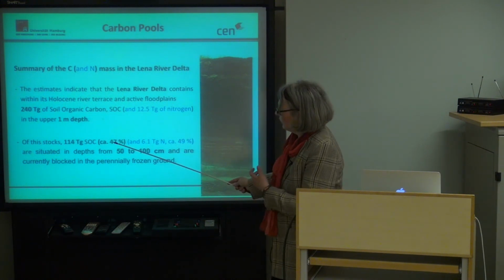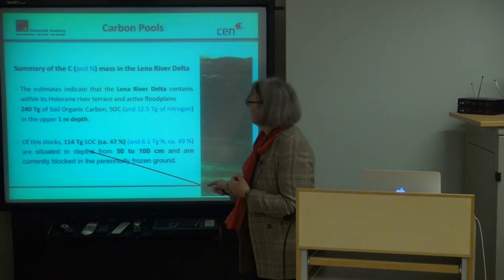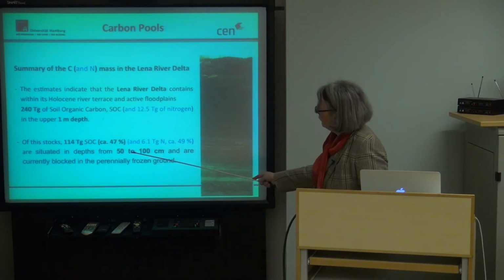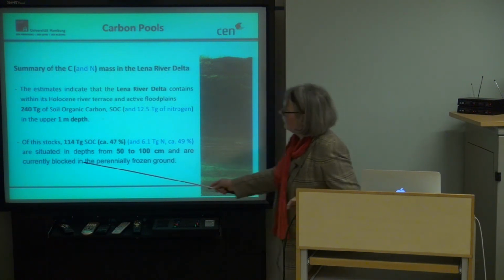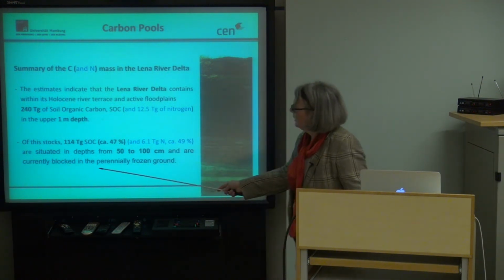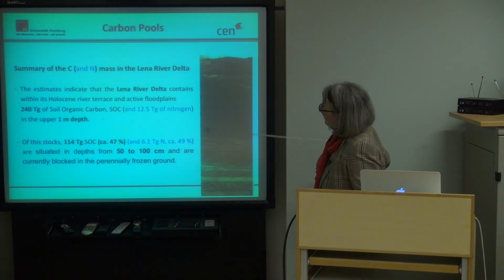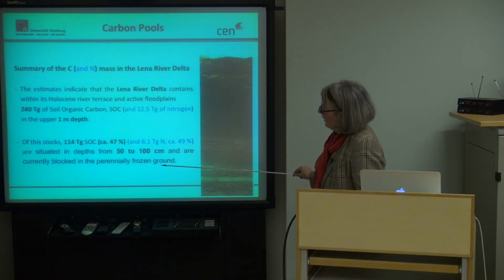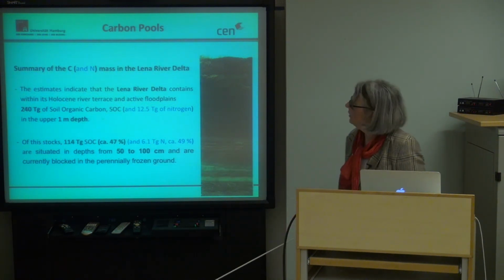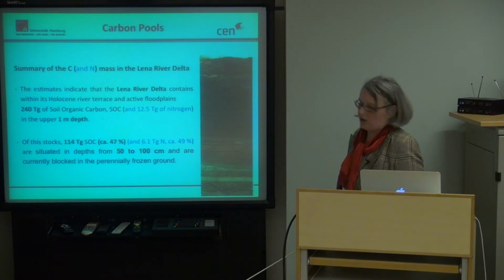This means 47% are situated in the depths between 50 and 100 centimeter, and that means that currently they are blocked in the perennially frozen ground, in the permafrost, and it's a really good number as a basis for further investigation from different topics, from different points of view you would like to take care of.